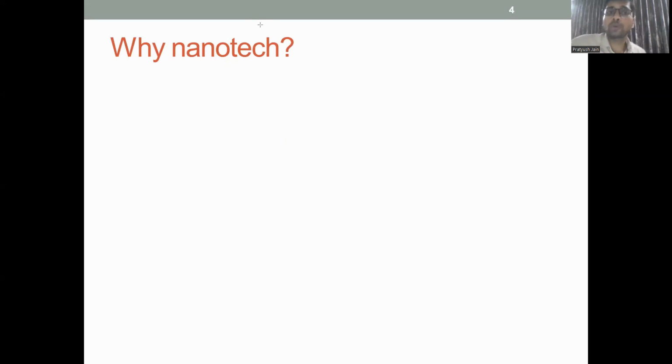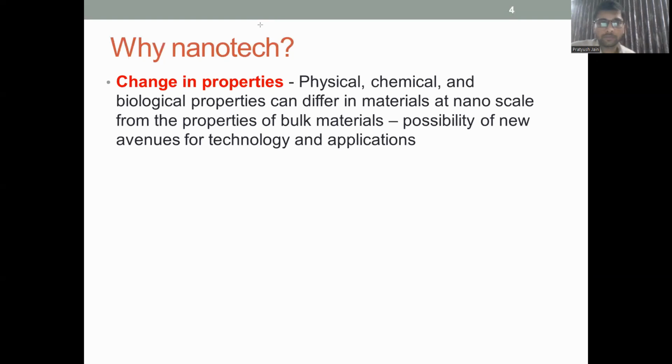Now let us talk about why we are talking about nanotechnology. What we observed was that as we move from macro scale, from meters, centimeters, millimeters, to nanometers or nanoscale, there was a change in the properties of those materials.